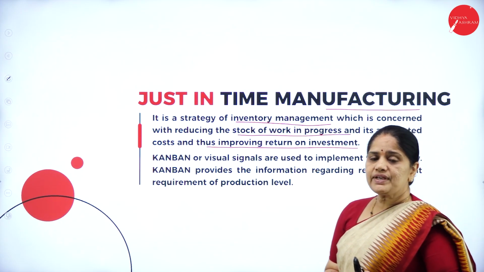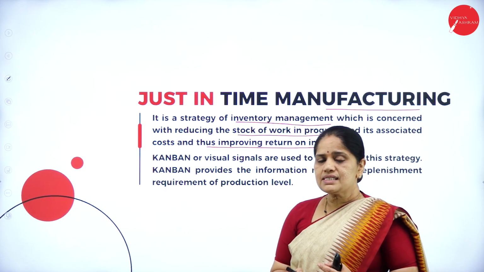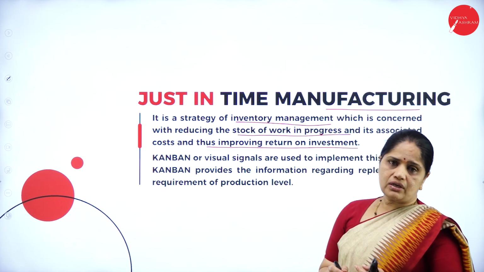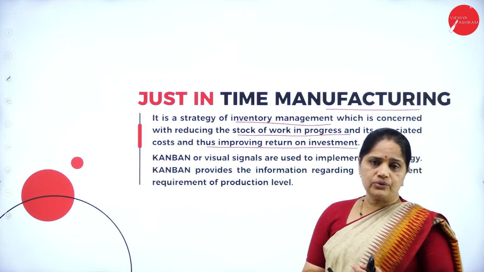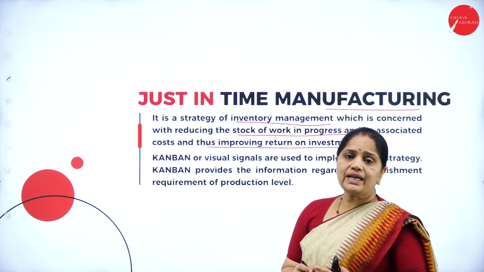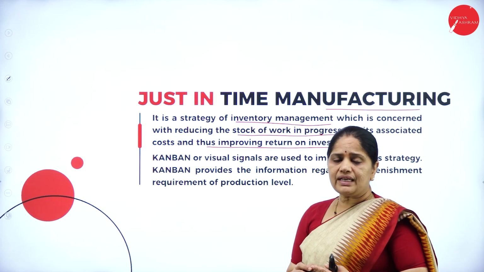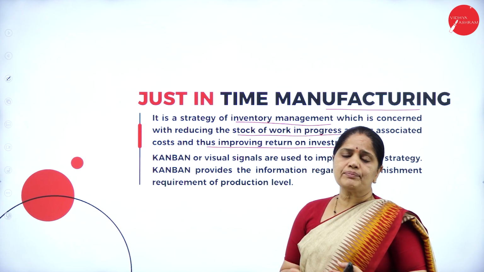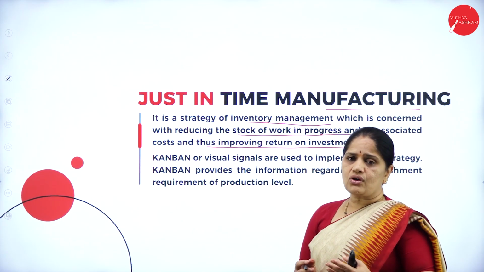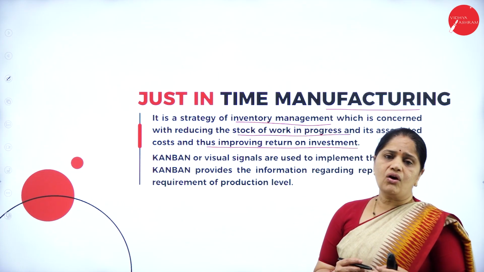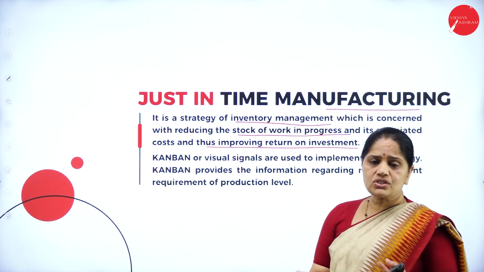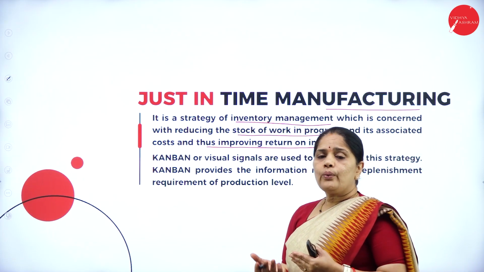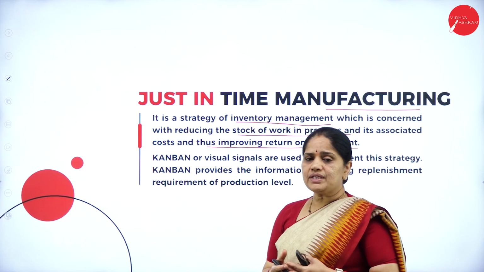Now, what are the savings it will help? First thing is savings in the stock. You need not have a stock of goods. Second one is you need not invest lot of money in having a stock of goods. And third one is you need not maintain an inventory of the stock of goods. And fourthly, all the clerical work relating to the stock of goods will be reduced when you have this just-in-time technology.